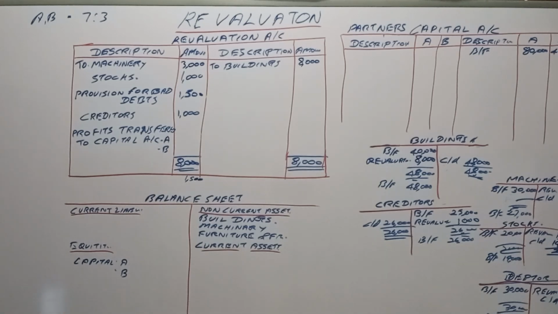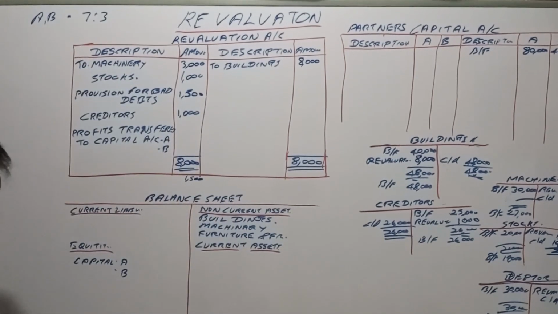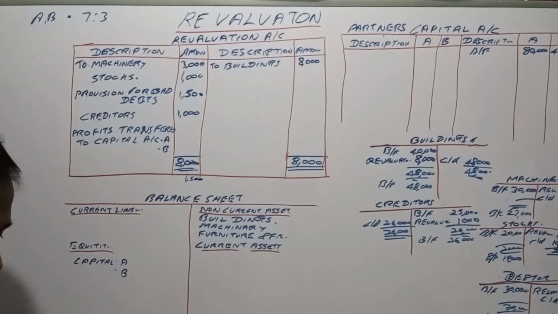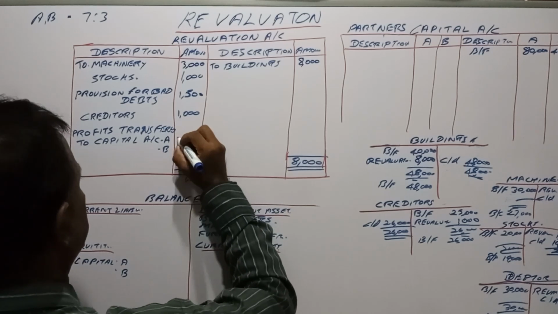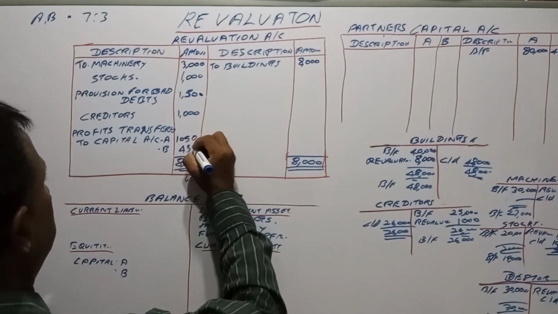1,500 has to be apportioned 7 to 3. 1,500 divided by 10 into 7 is 1,050. A is 1,050, B is 450.